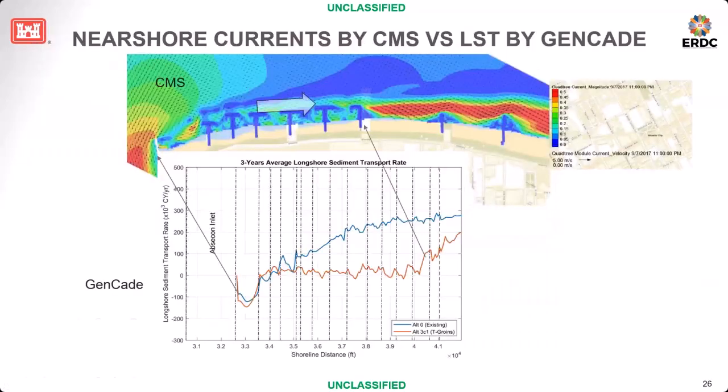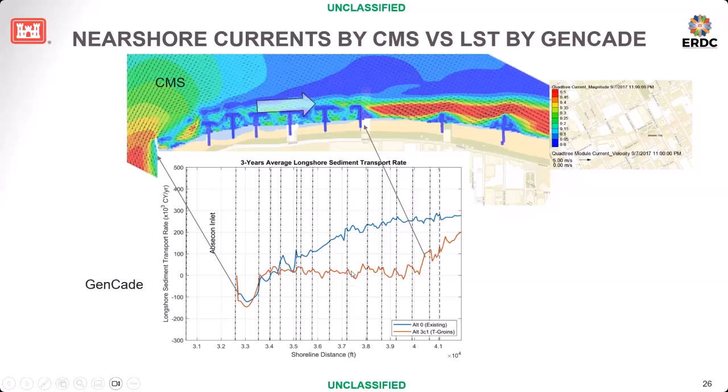One more thing is that shoreline change in GenCade is controlled mostly by longshore sediment transport. If you have a structure like a breakwater, it plays a large role in reducing wave energy and reducing transport. If you look at this layout of structures in the two-dimensional model, the results simulate the longshore current. The red line is the estimated longshore sediment transport flux, every year as a 3-year average, and the blue is the average without the project.